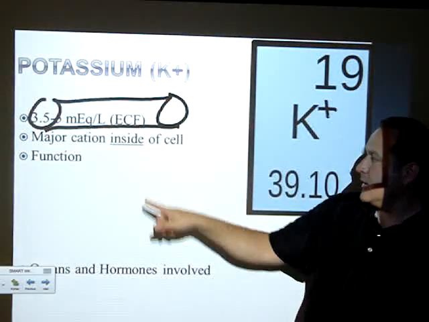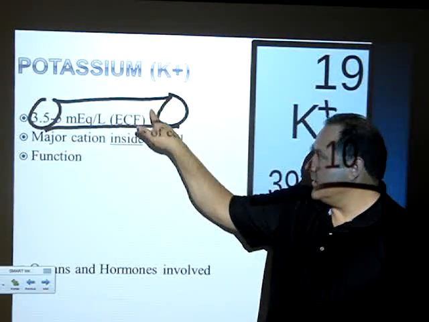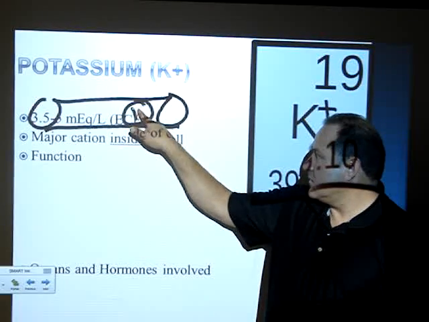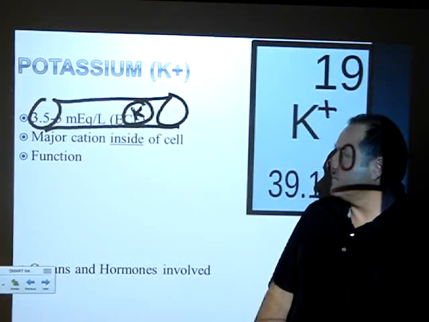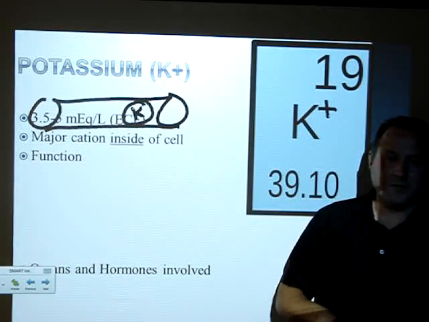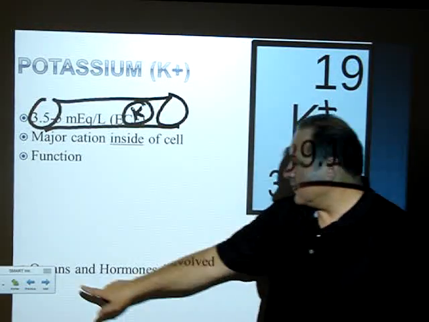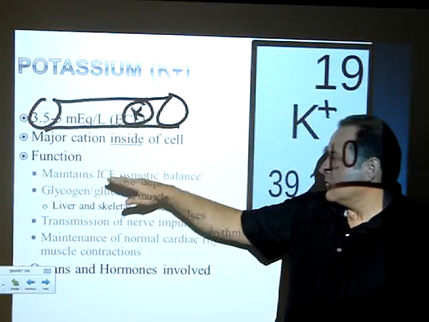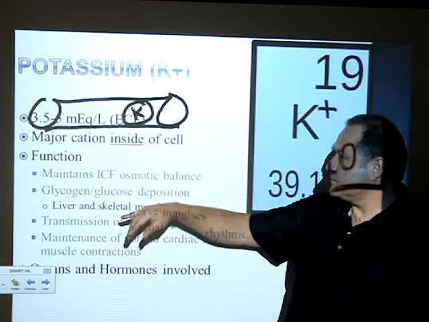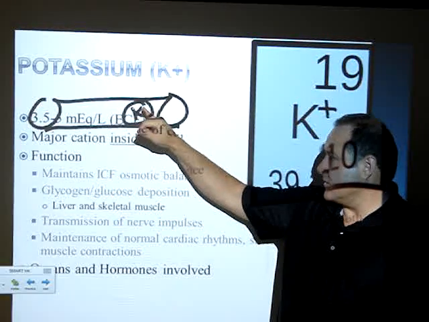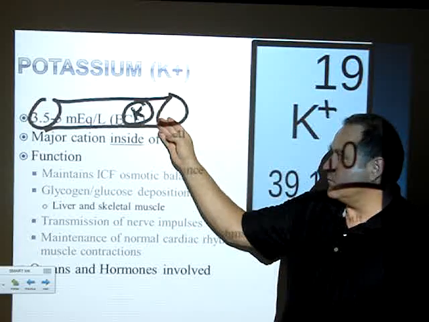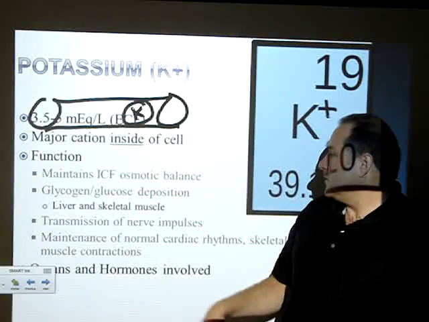Okay? And it's the one major one inside the cell, not outside. Okay? So it's doing the same kind of thing, right? The function is going to be the opposite of sodium. Maintains the intracellular fluid osmotic balance because you're pulling water in for that.